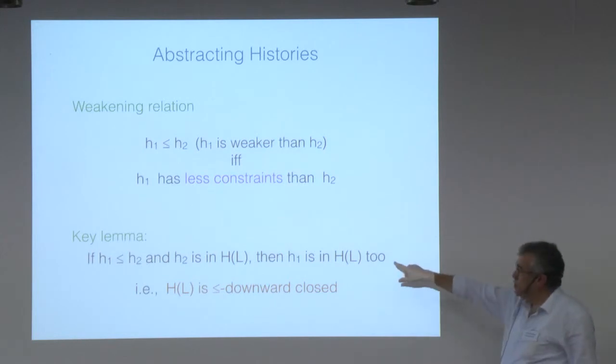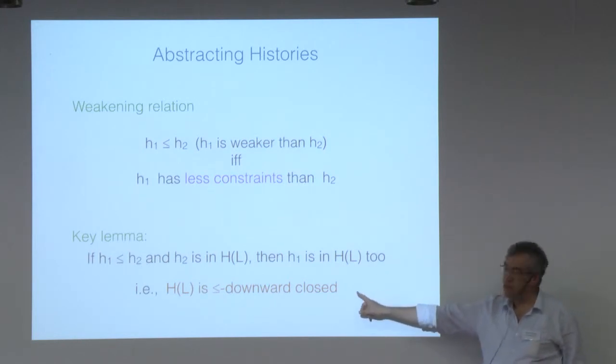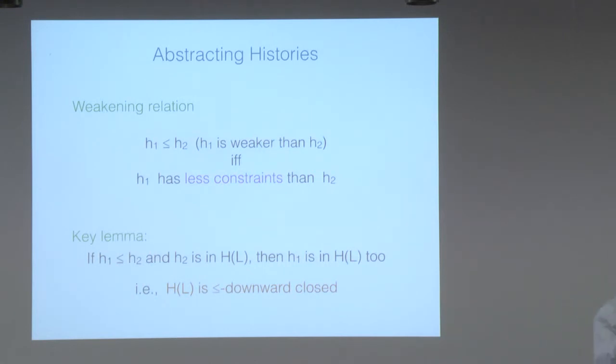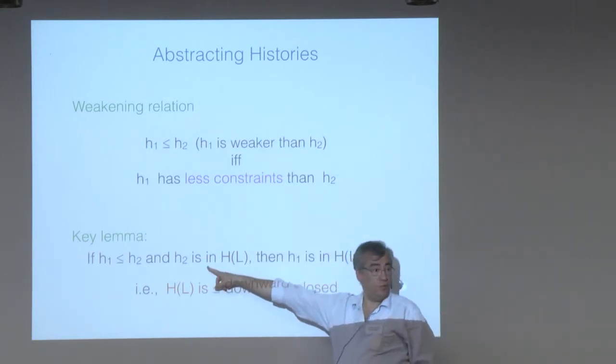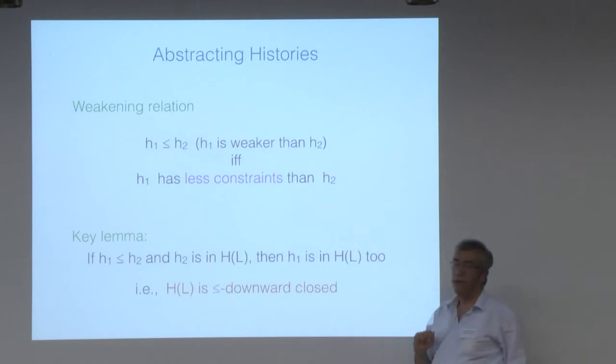And you can prove an interesting property: if I take a library, the set of histories of the library is downward closed with respect to that order, in the sense that if it contains H2, it will also contain H1.